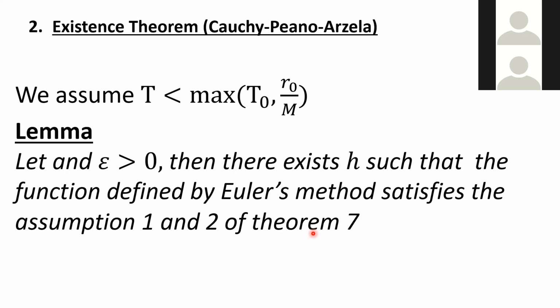Next, we want to prove that the functions constructed by the Euler method also satisfy assumption 2, which is an estimate between u prime and f(t, u(t)), where u is not the exact solution, because in this case it is 0, but an approximate solution.